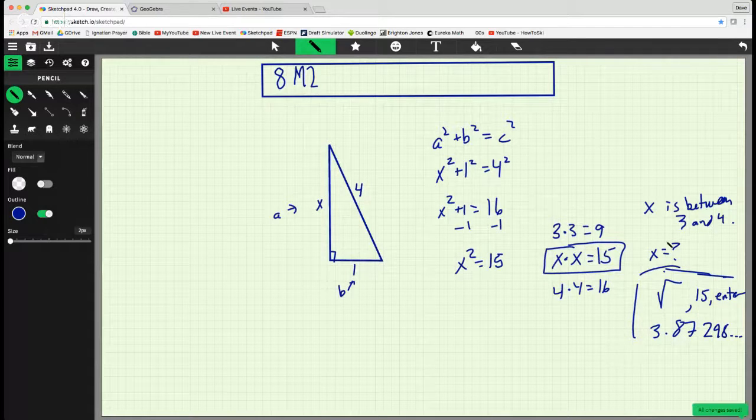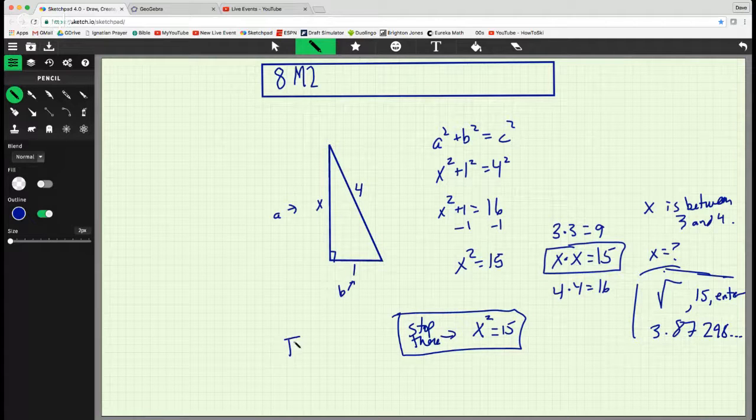So you can write it one of two ways. You can say, x squared equals 15, and stop there. If your teacher says to stop there, then you can stop there. Or teacher 2 may say, write it like this: the number squared that equals 15.